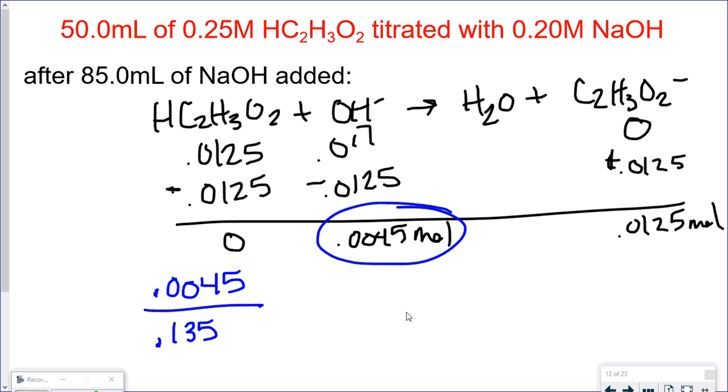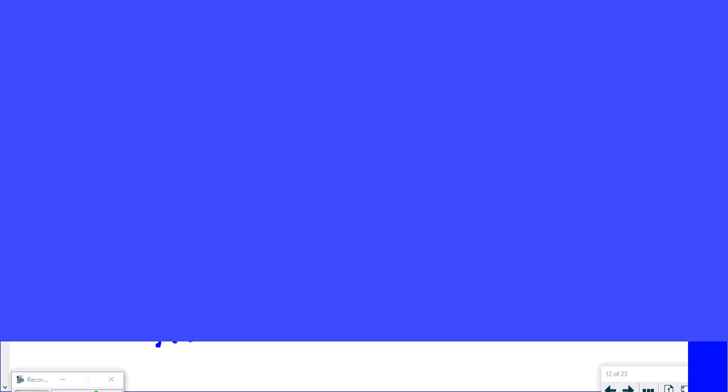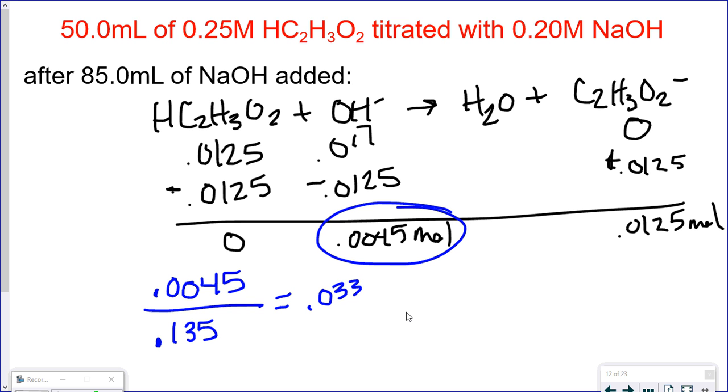That gives us a molarity of 0.033 molar hydroxide. Our pOH will be equal to 1.48. So therefore our pH will be equal to 12.52.